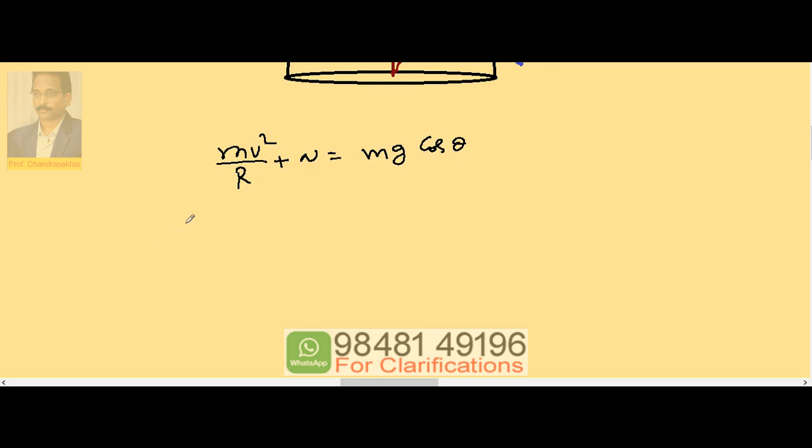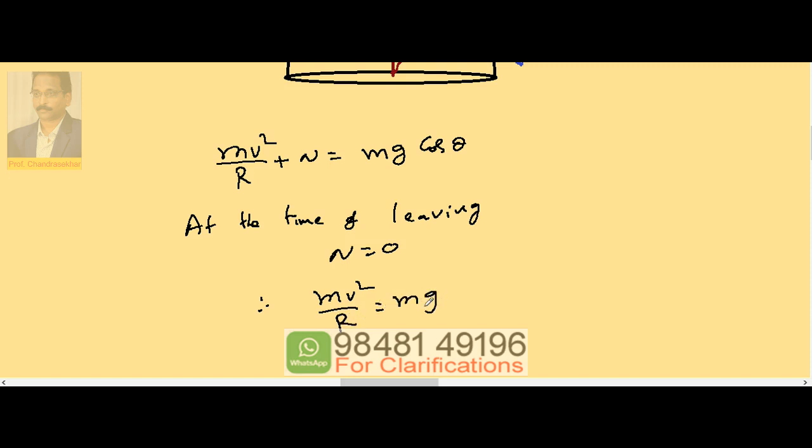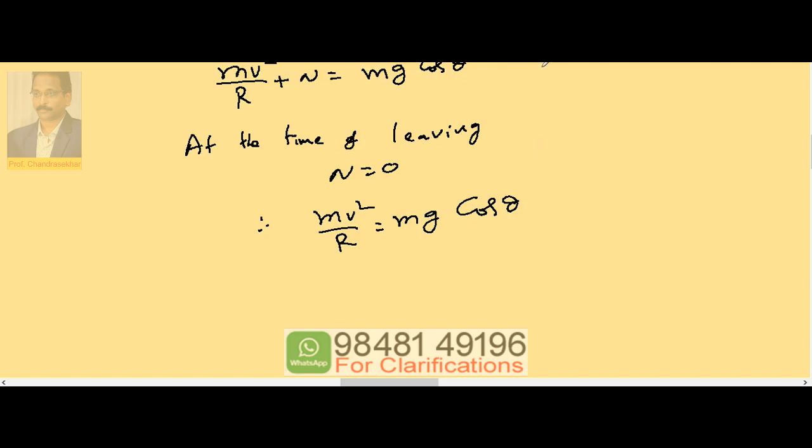Now at the time of leaving, when I say the body leaves the contact surface, then N is equal to 0. Therefore mv square by r must be equal to mg cos theta. Or simply, m gets cancelled on both sides.